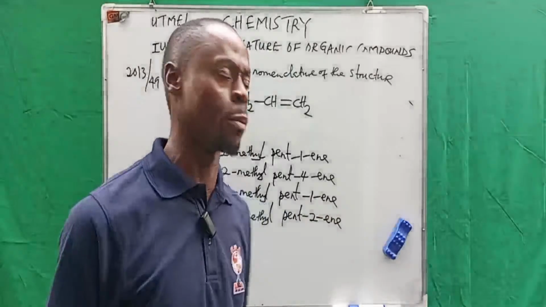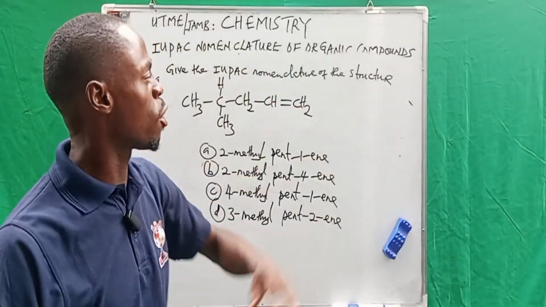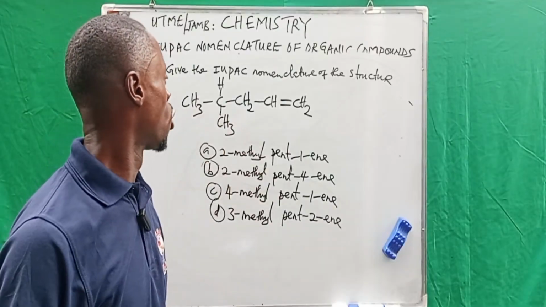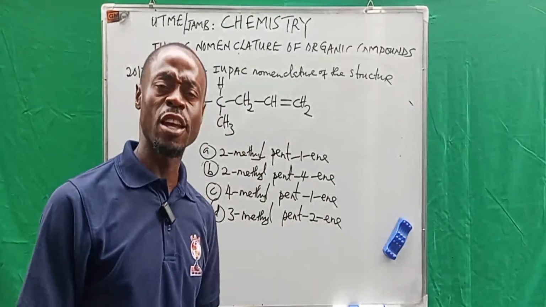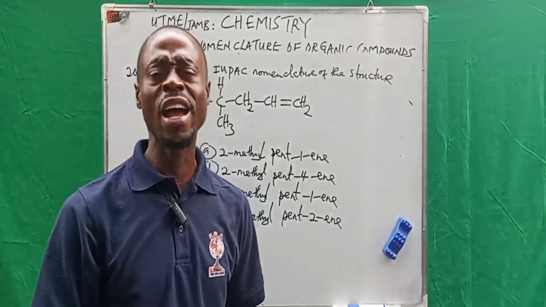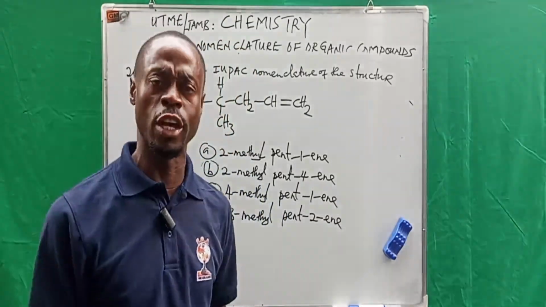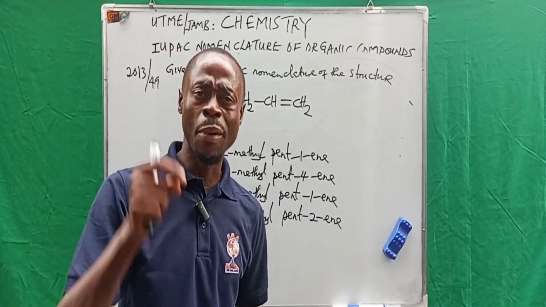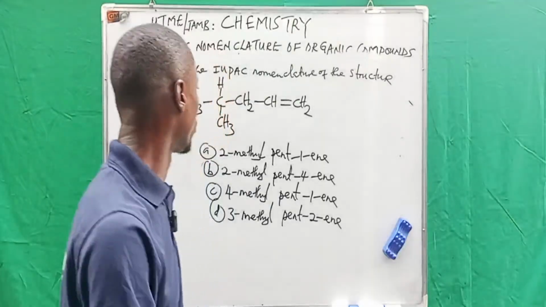All right, let's look at this question. We have a question on the board that says, give the IUPAC nomenclature of the structure. Like I said, rule number 1 is to locate the longest carbon-containing chain, which is the root carbon of the parent name of a particular homologous family.